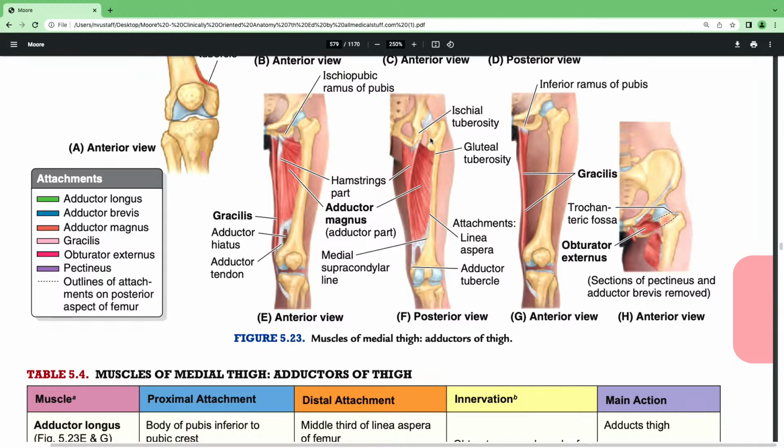That's what we call the hamstring part. Why hamstring? Because in the posterior compartment, which is one of the smallest compartments of the thigh, mainly all of the muscles found there are known as hamstrings. One of the most common types of muscles found in sports injuries.